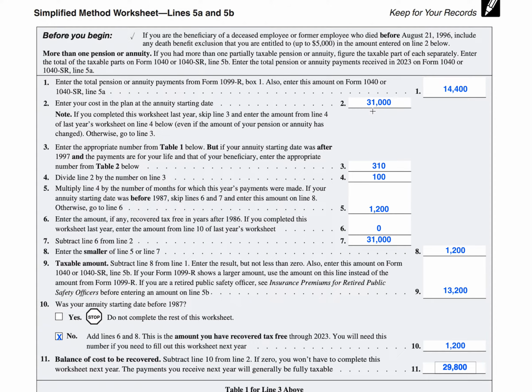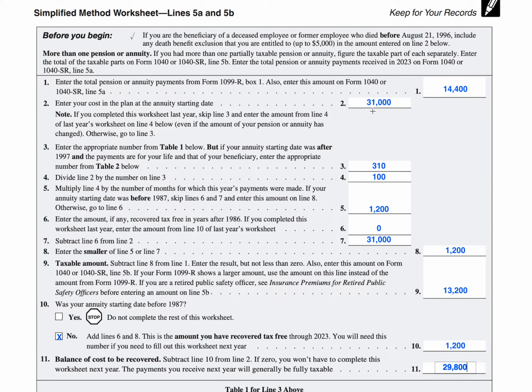For this simplified method worksheet, we're actually using a different hero in this video. Normally our hero is John Doe. However, we're taking this story and the numbers straight from the worksheet instructions located in Publication 575.